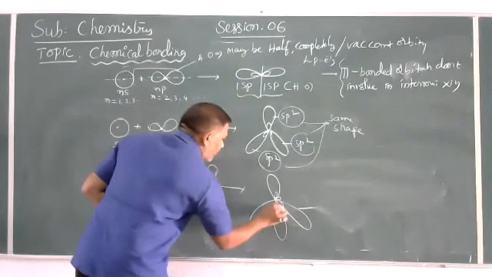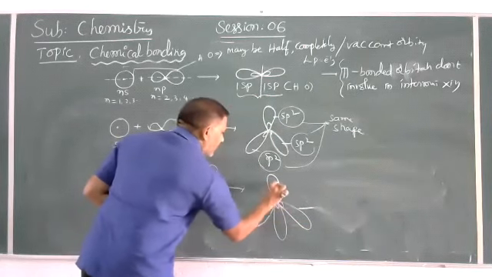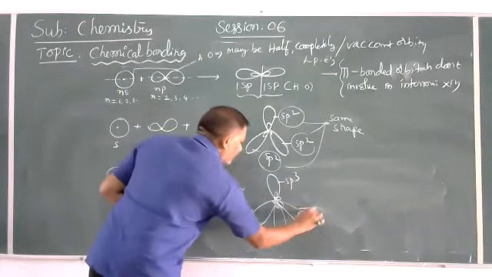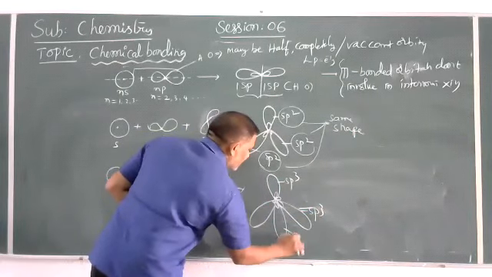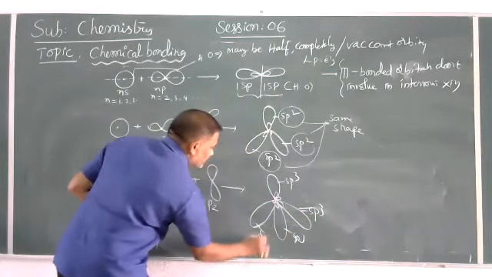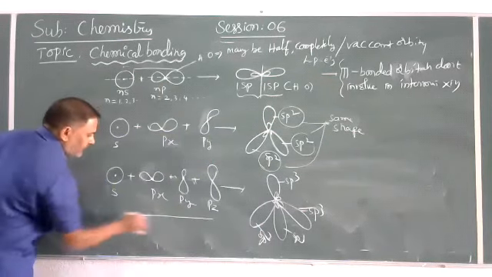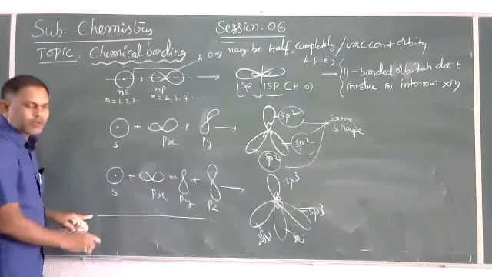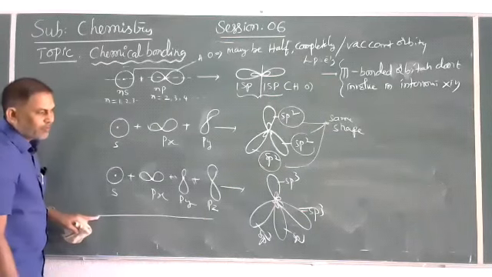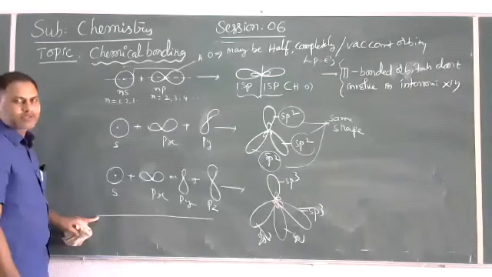Here are four hybridized orbitals, sp3 like this. How many atomic orbitals are intermixing here? Four atomic orbitals are intermixing, again giving the same number, four, of hybridized orbitals.